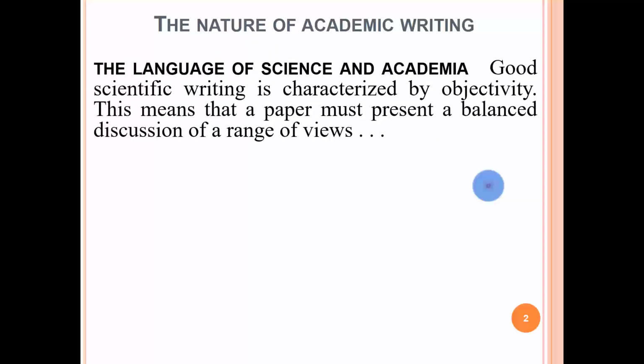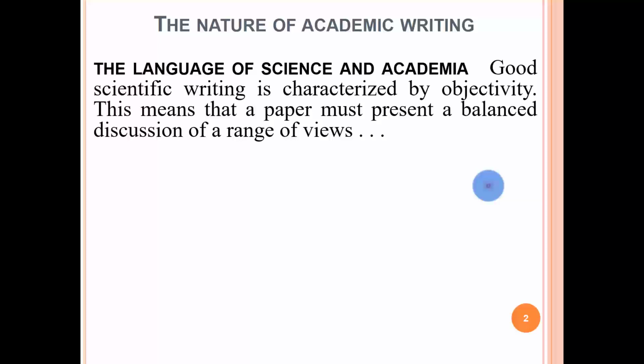Here we'll discuss some main aspects of writing a research paper or a journal paper. We'll start with the introduction, and this introduction is about the nature of the academic writing. So the language of science and academia is a good scientific language which is characterized by objectivity.